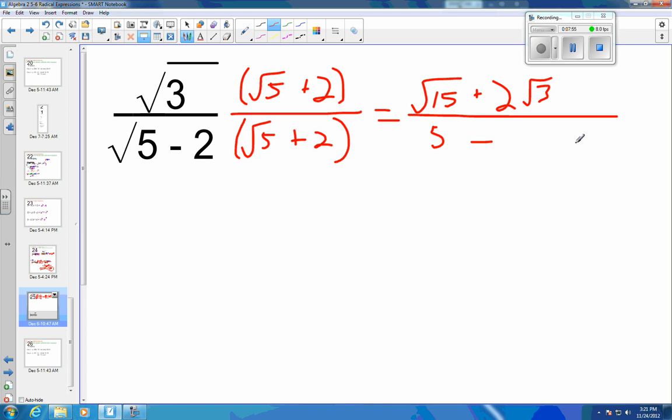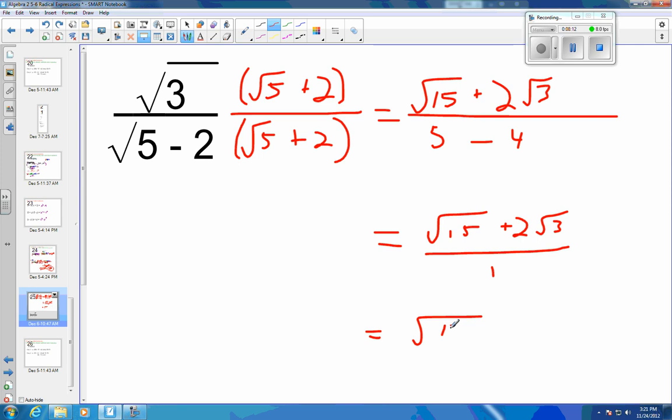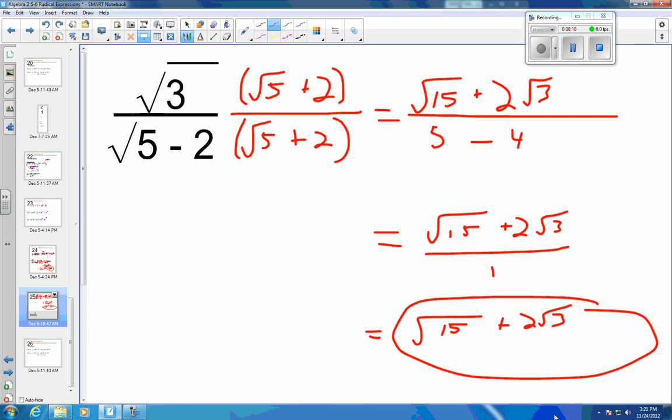Minus 2 times 2 is 4. And then I'm ready to reduce what I can. So that's the square root of 15 plus 2 square roots of 3. 5 minus 4 is 1. And so the answer is just our numerator, square root of 15 plus 2 square roots of 3. Final answer. Can't reduce it any further.